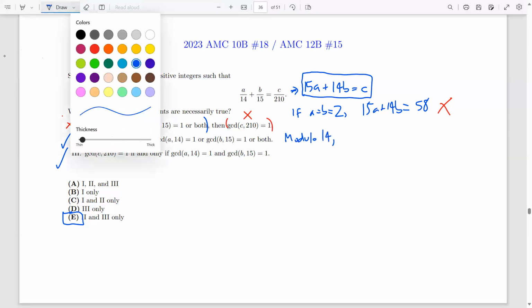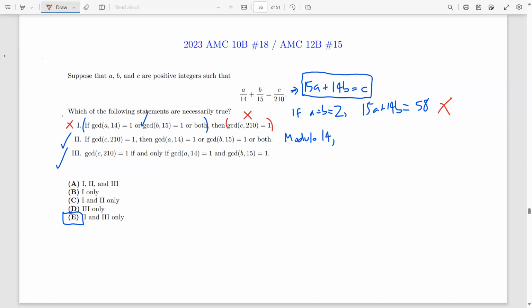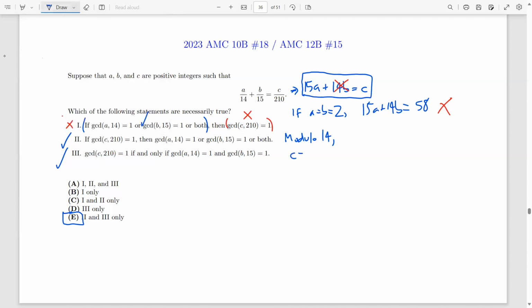So if I take this equation that I boxed modulo 14, then 14b is congruent to 0 mod 14. Therefore, I obtain that c is congruent to 15a modulo 14.